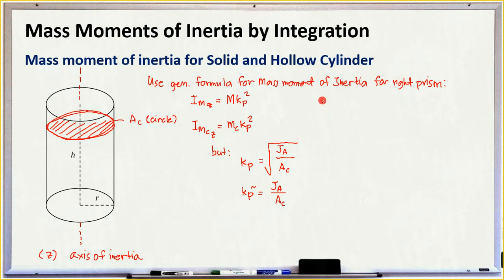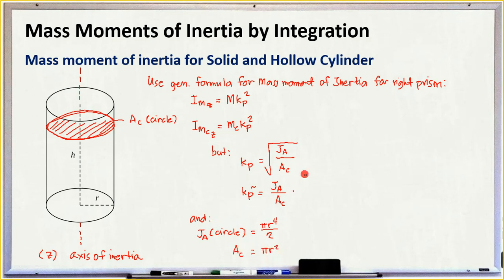So again, J for the circle is equal to, if you can remember, pi r to the fourth all over 2. So that is the polar moment of inertia for a circle. Now, what is the cross-sectional area of a circle? The cross-sectional area of a circle is just pi r square.